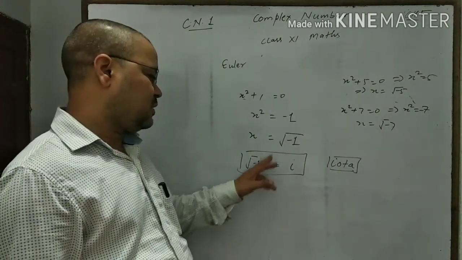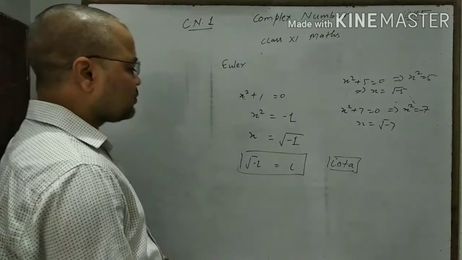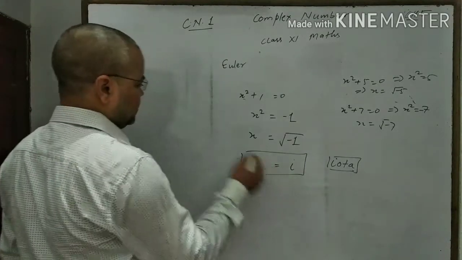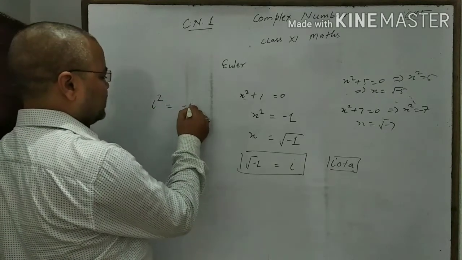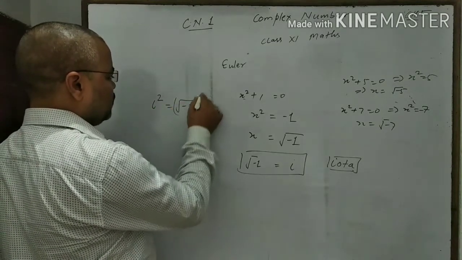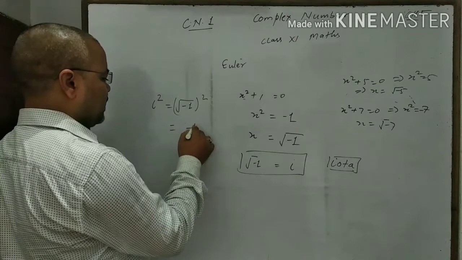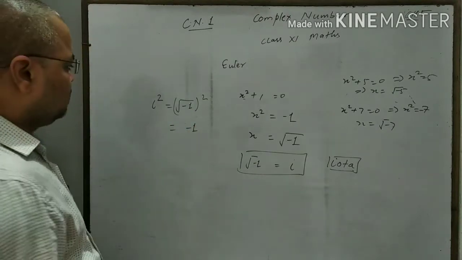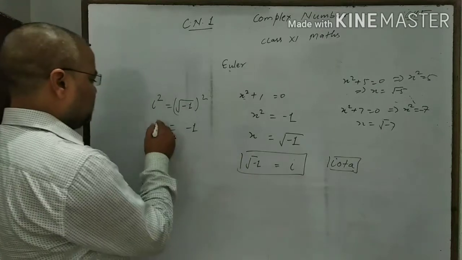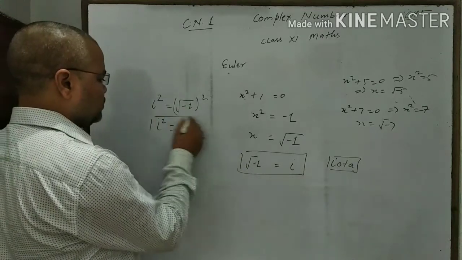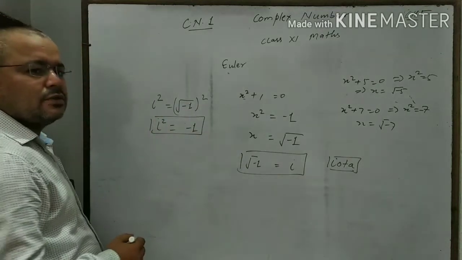So under root -1 is equal to iota. From here we get i squared, meaning the square root of -1 whole squared is equal to -1. If i is equal to under root -1, then i squared is equal to -1.